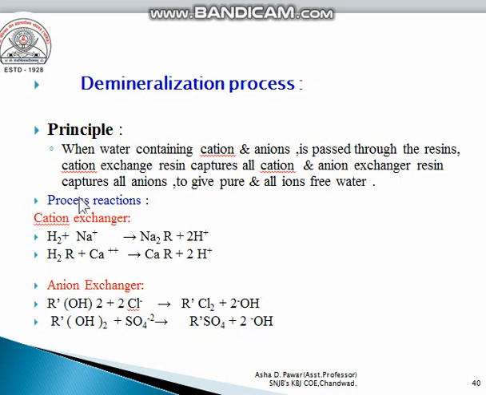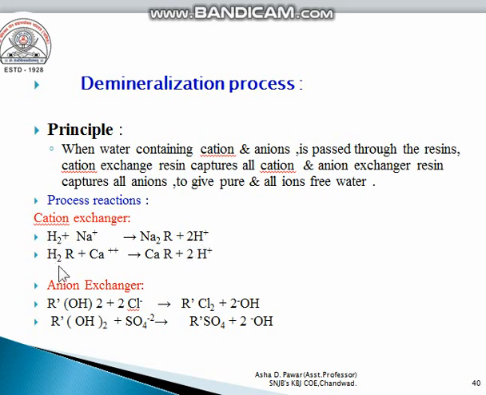So we study the reactions. What exactly is the exchange reaction that takes place in the cation exchanger bed and anion exchanger bed? As I already explained, if water containing cationic impurities like sodium and calcium enters the cation exchanger bed, the bed captures all these cations, sodium and calcium, and in exchange releases H plus ions.